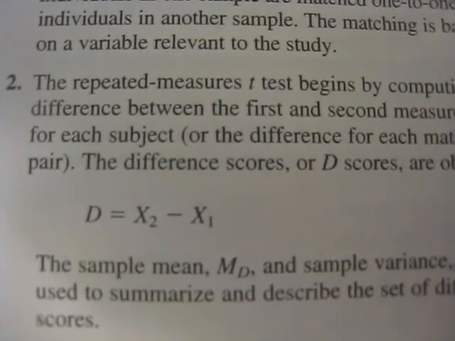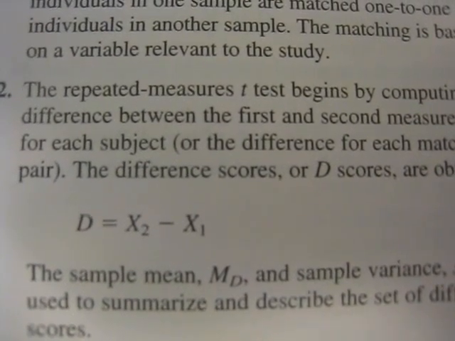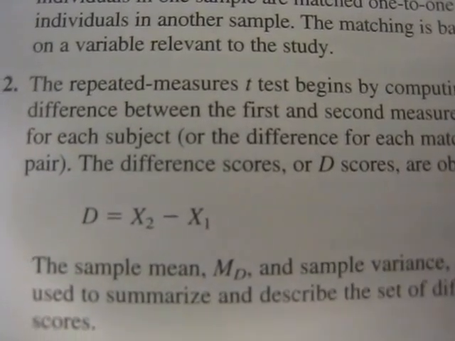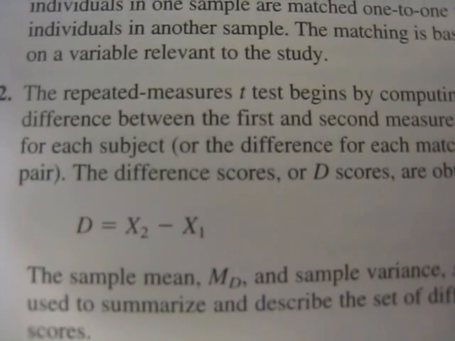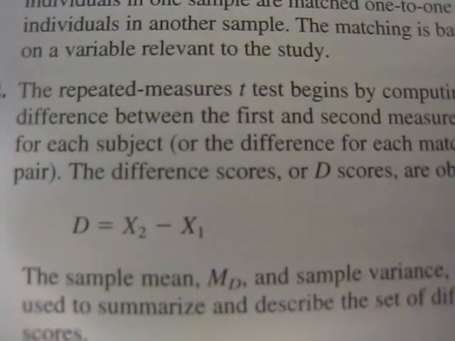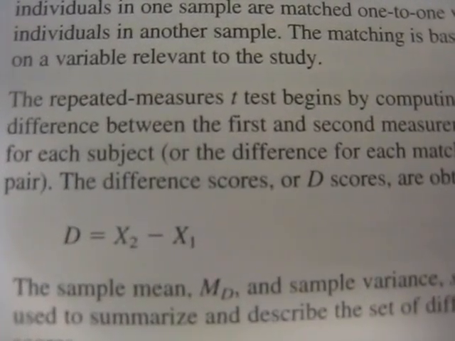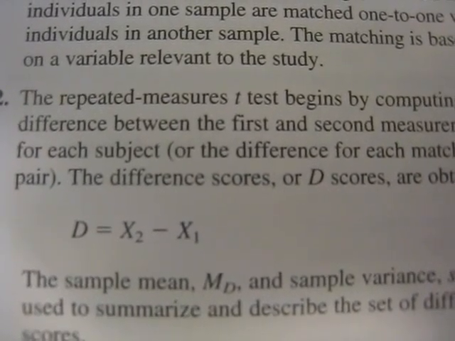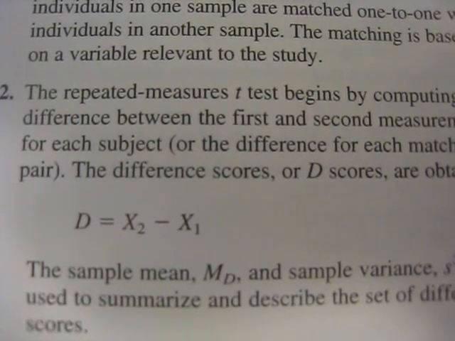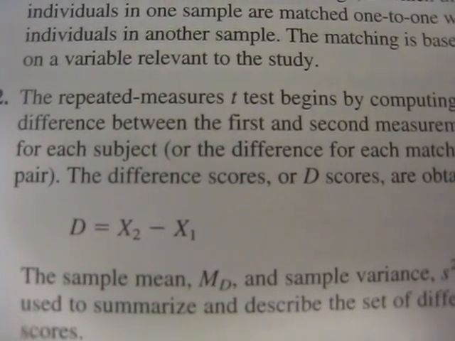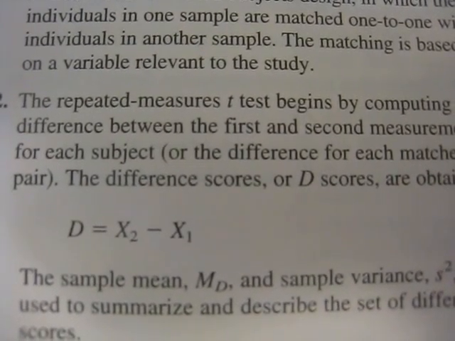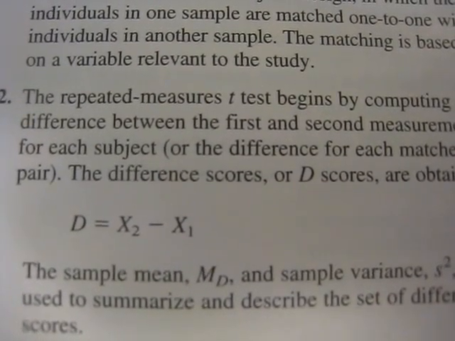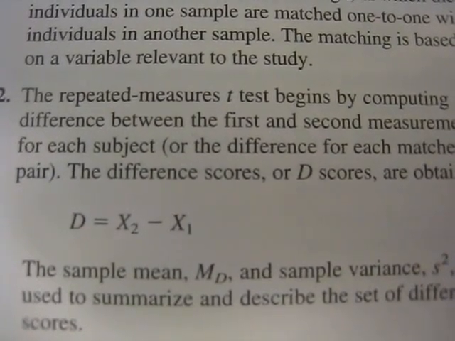So this may be Brittany's long shot minus her short shot. It might be Brittany versus whoever, can't remember who her partner was, but subtracting them to get a difference. Whatever it is, there's some match, whether you're matched with another person or you're matched with yourself, and then you're going to subtract those 2 values to get a difference.